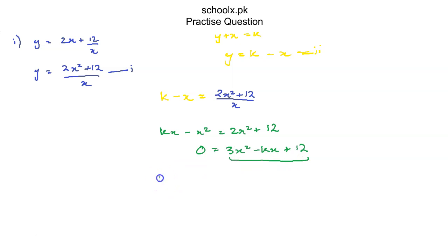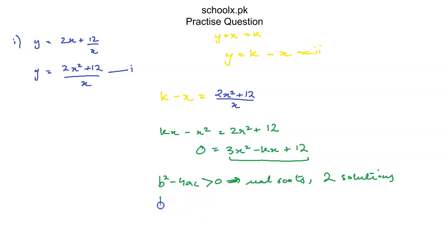Right? So we know that if b squared minus 4ac of a quadratic equation is greater than 0, we have real roots, which means we have two solutions to the equation.